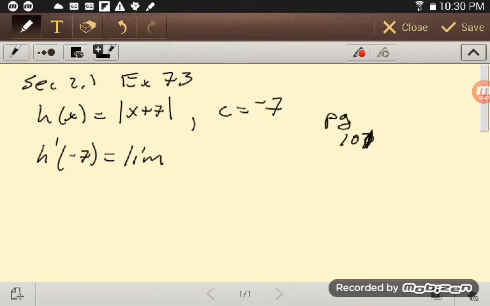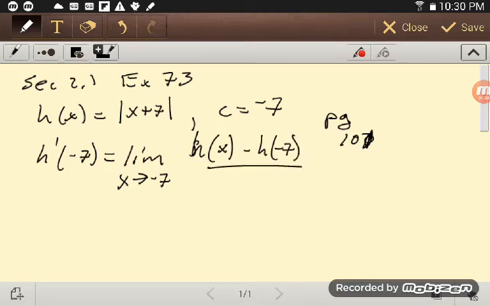We have the limit as x goes to -7 of h of x minus h of -7 all over x minus -7, so that'll be x plus 7. So we're hopefully going to get an x plus 7 in the top that we can factor out.